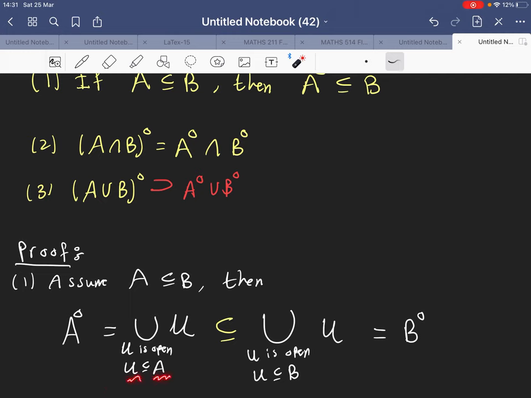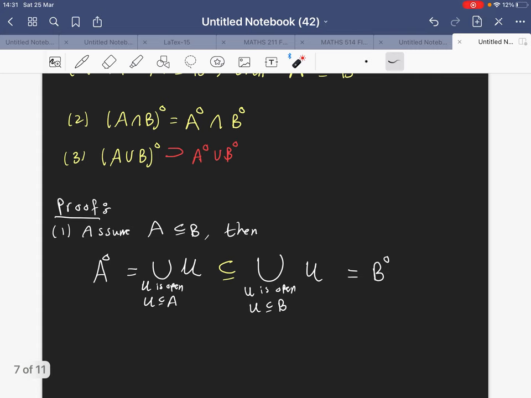Because U is a subset of A, and A itself is a subset of B, so B has more open sets than A, which results in the interior of A being a subset of the interior of B. So this is the first one.